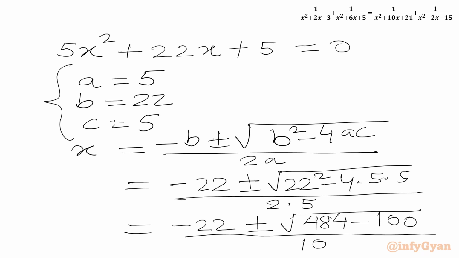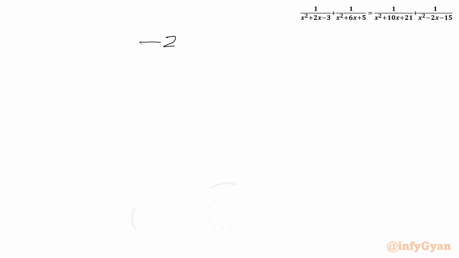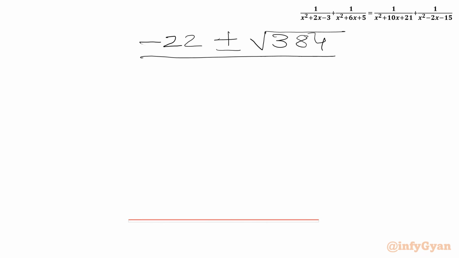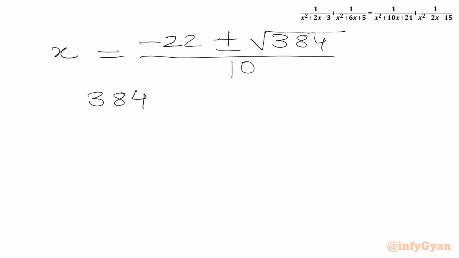which we can write further as minus 22 plus minus square root of 384 divided by 10. This is the value of x. Now we have to factor 384. So we can write 64 times 6. 64 times 6 is 384.